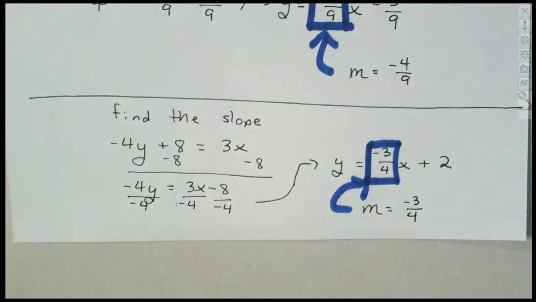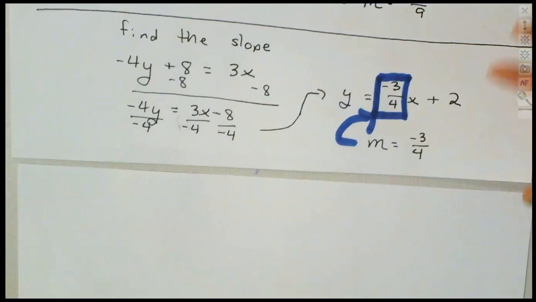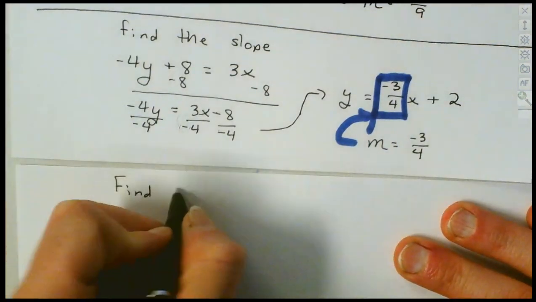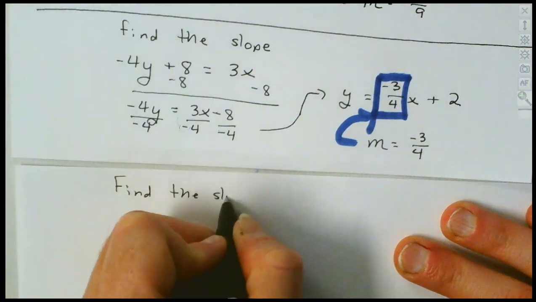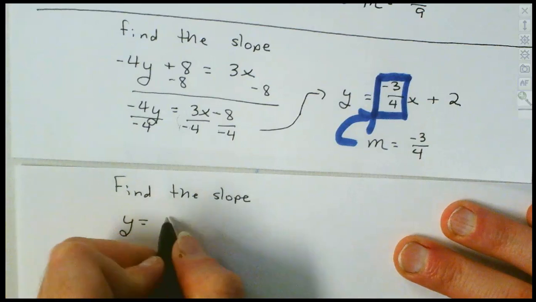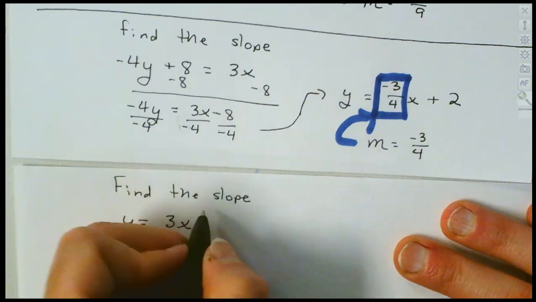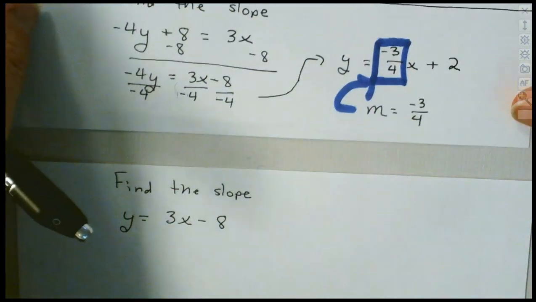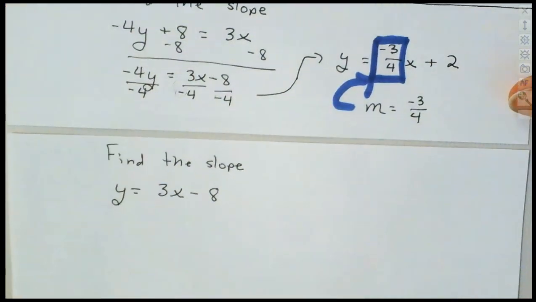Now, in some cases, it may already be solved for y. So in this case, let's look at this one here. Don't try to make them harder than they need to be.